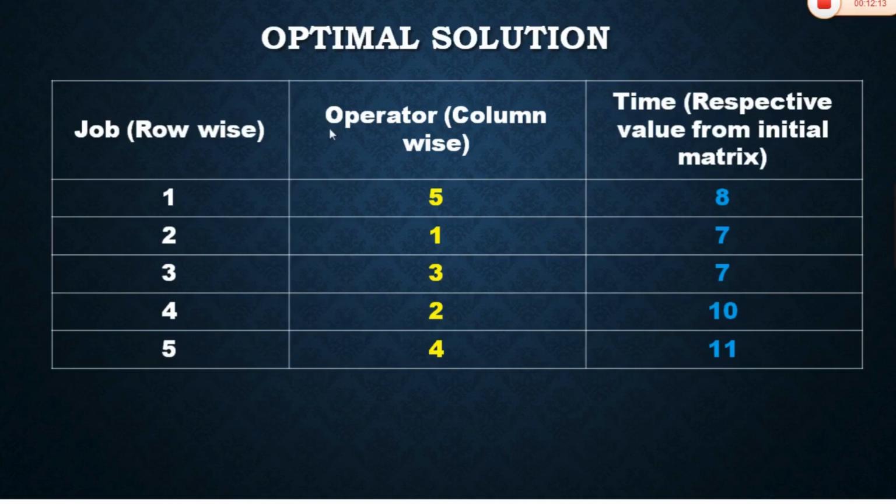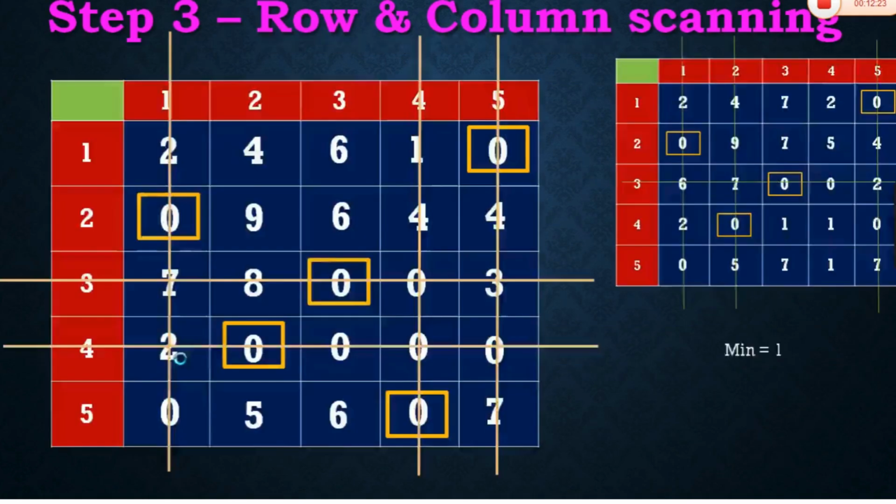As per the initial problem, job row wise, we have to check the first job, second job, third job, fourth job, fifth job. Here, in the first job, the fifth operator is locked.